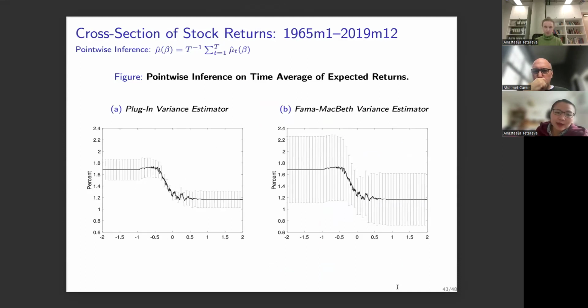Okay, so here is the theoretical and empirical correspondence of our CASER and PASER intervals. We see that the plugin variance, which corresponds to a prediction interval of the CASER, is way narrower than the Fama-MacBeth variance estimator used for the long-run benchmark.